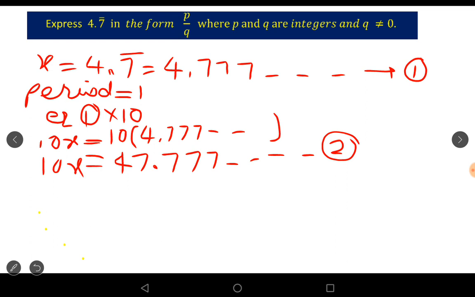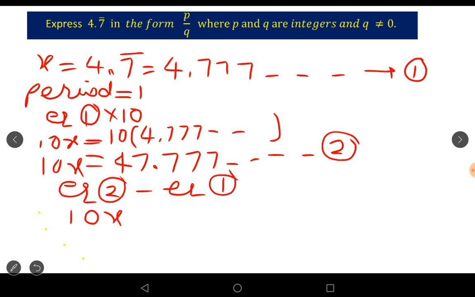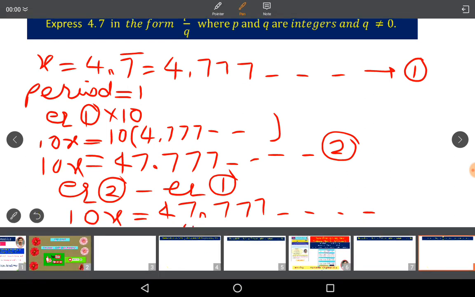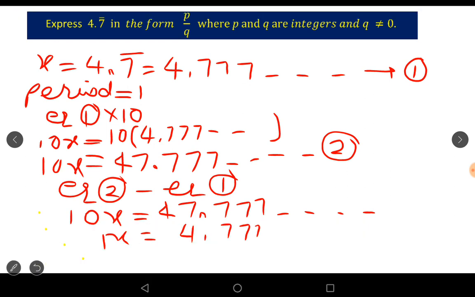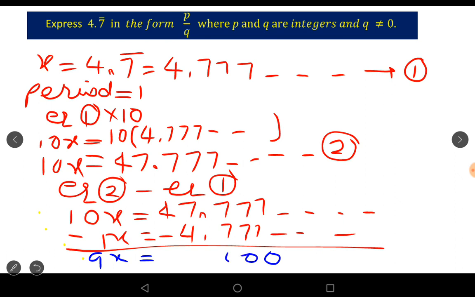Next step, same, equation 2 minus equation 1. So 10x is equal to 47.777 and so on, 1x equal to 4.777 and so on, minus. So 10x minus 1x equals 9x equals 0.00043.